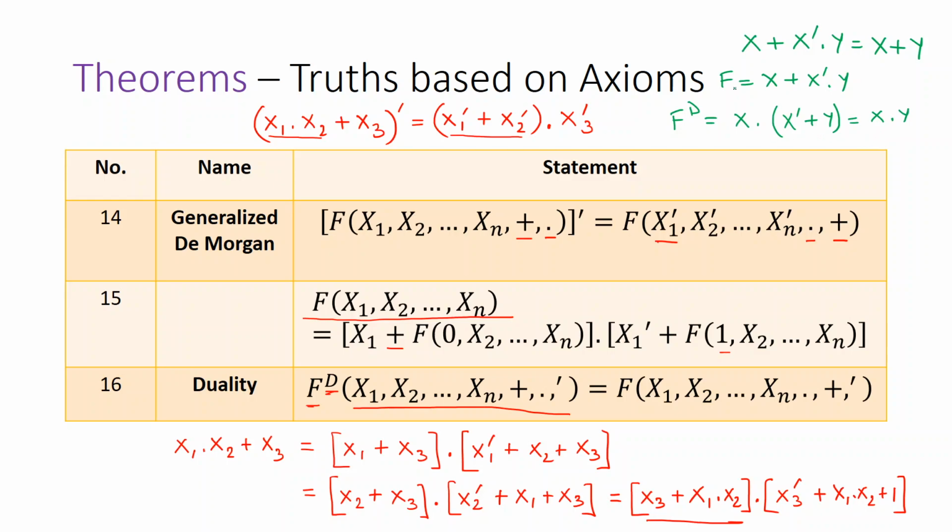Now the original f would be dual of this again, which is x or y. So you get the right hand side. In that manner you have proved that this expression is valid.